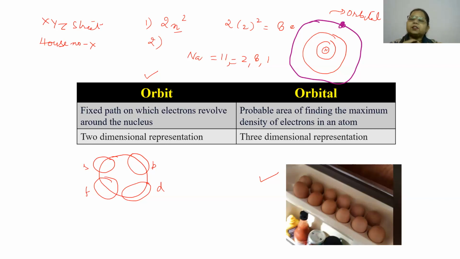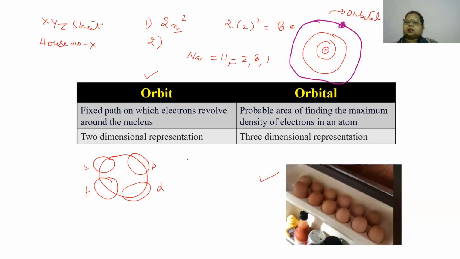But we must remember that although we continue to draw the structure of atom with spherical orbits, practically speaking, a spherical orbit does not exist. I will tell you the reason.